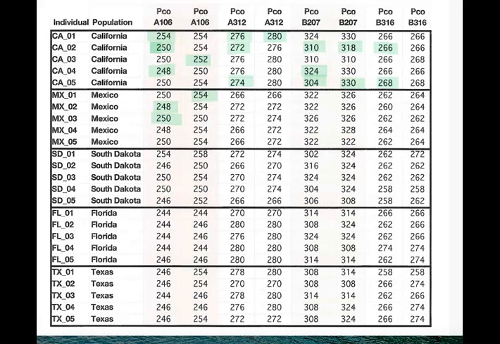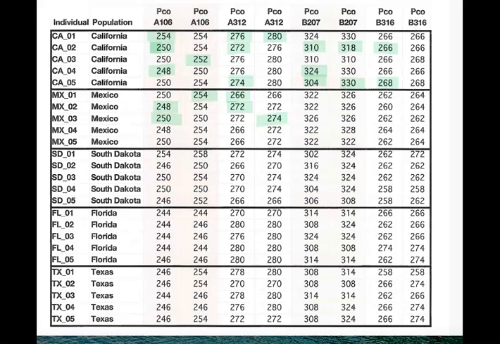Everything else is repeated. For gene 312, we have 266, 272, and 274. You're writing these down on your data chart.